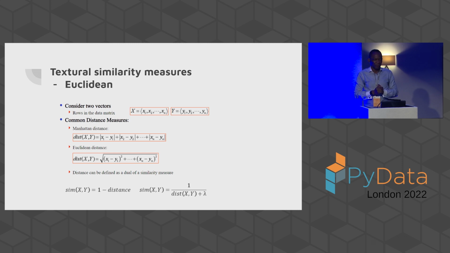It usually is very sensitive to scale, so that's something to bear in mind, which is probably why it's not very popular in the NLP space. But it has been used and can be used for measuring similarity.